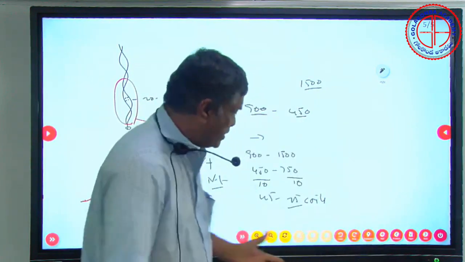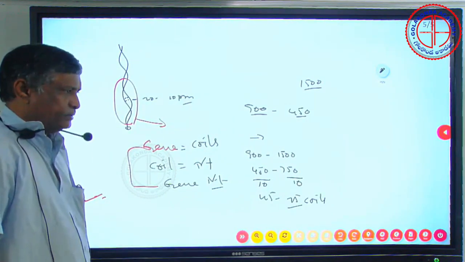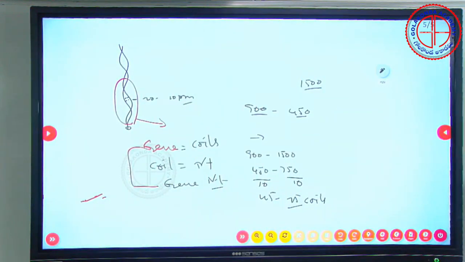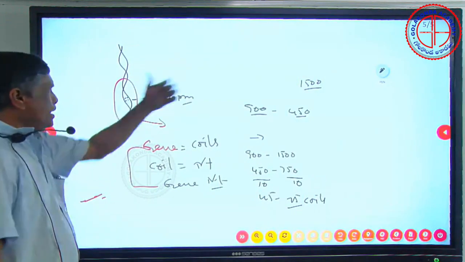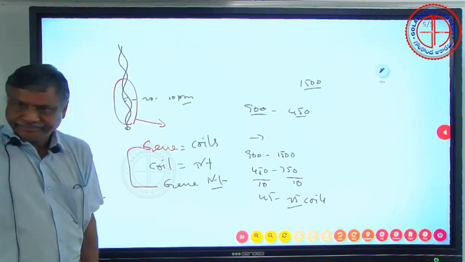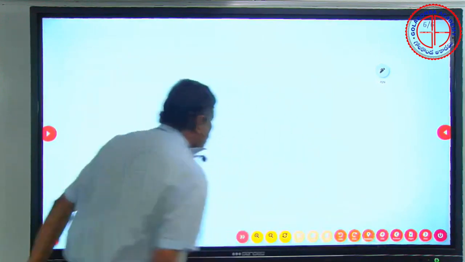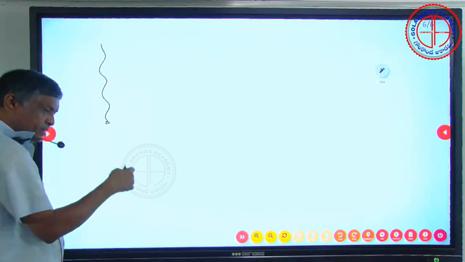One more definition is also there. 900 to 1500. Then this point, what this point is, we will discuss later.